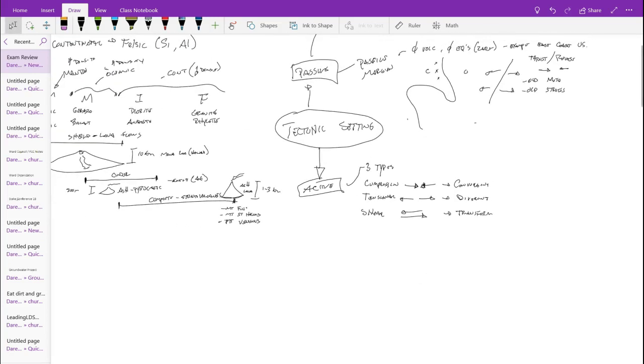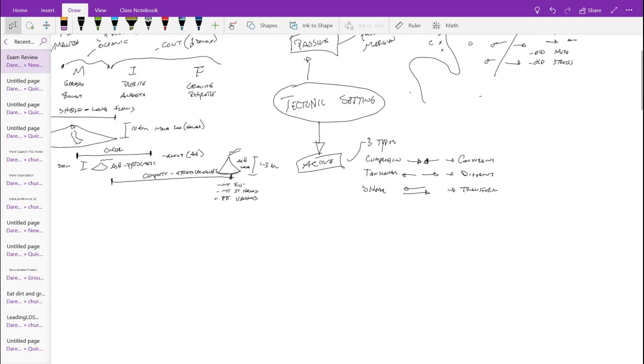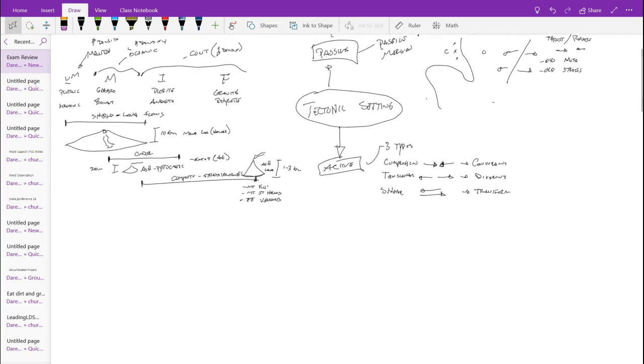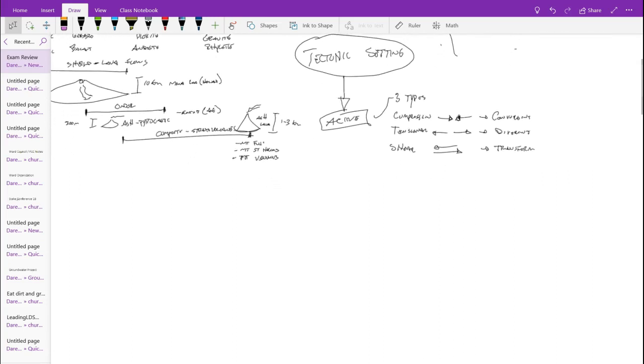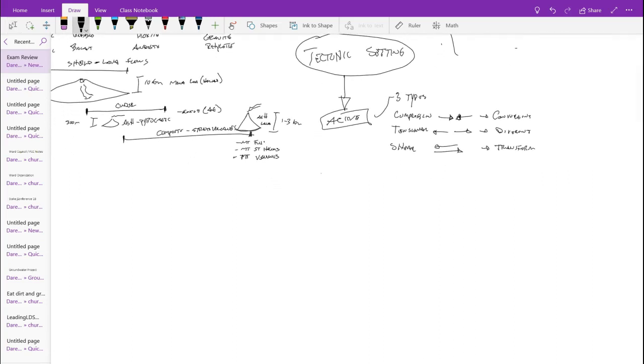So those are basically the three types of stress we have, and the boundaries they're related to. What I'm going to do now is go through each one of these and talk about the types of plate boundaries. We're going to start off with convergent first and discuss the different types of convergence that we have.